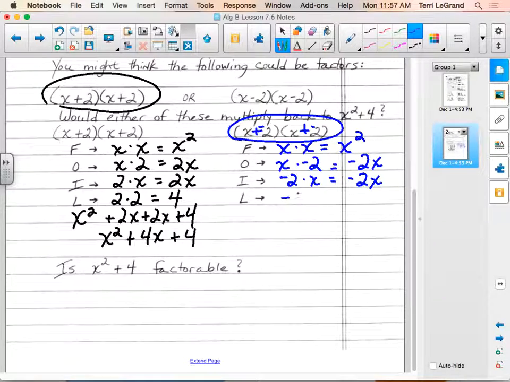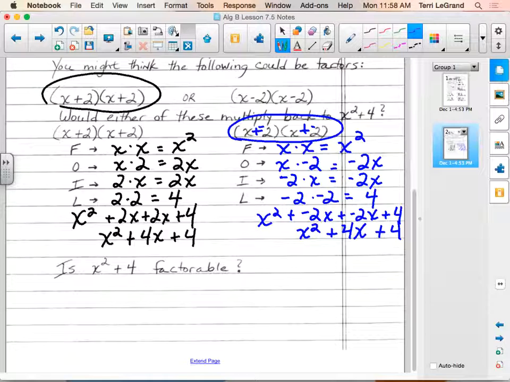And the L step is negative 2 times negative 2, which is positive 4, that's good. Does anything cancel out? No. So when we bring it down into an addition problem, we say I got x squared plus negative 2x plus negative 2x plus 4. That is x squared plus negative 4x, because we got those like terms in the middle there.